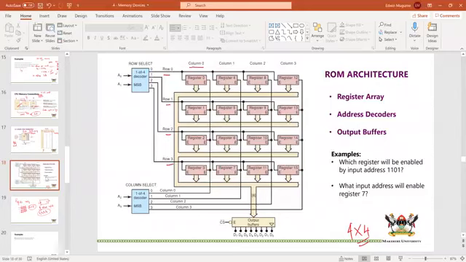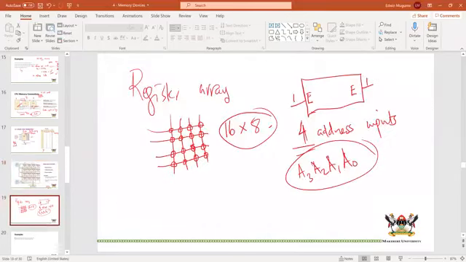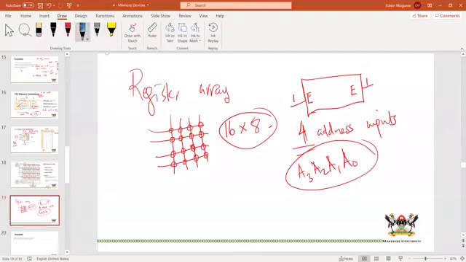If I supply my address, I can select 1 row and 1 column. Let's say I want that address. I can select row 1, and I select column 2, and it means that my address is putting me there. This is the register that I have selected. That's essentially how this works.